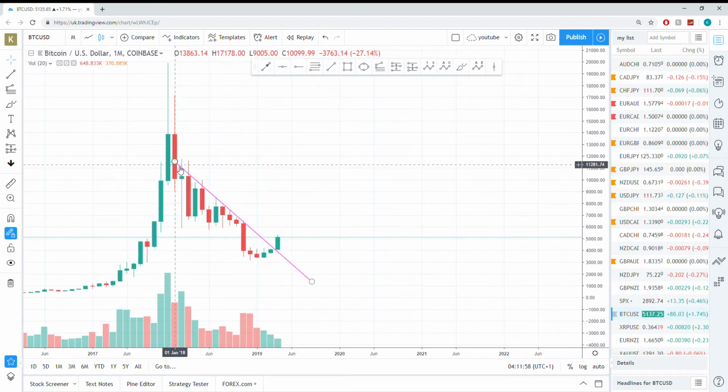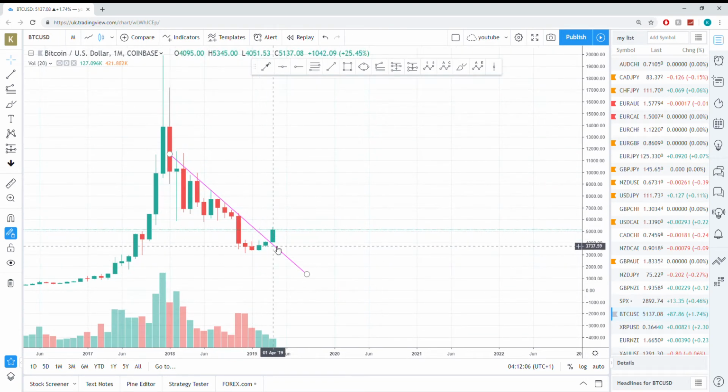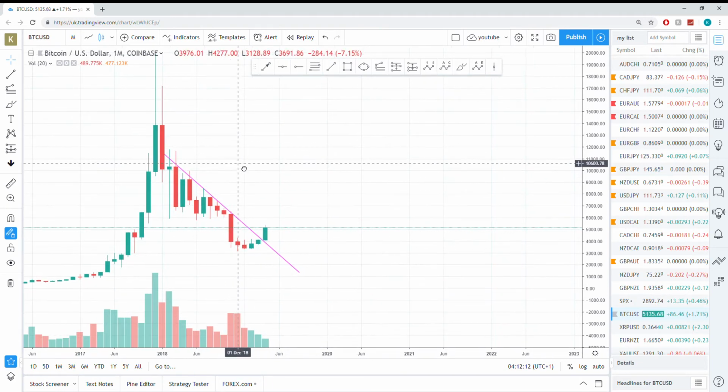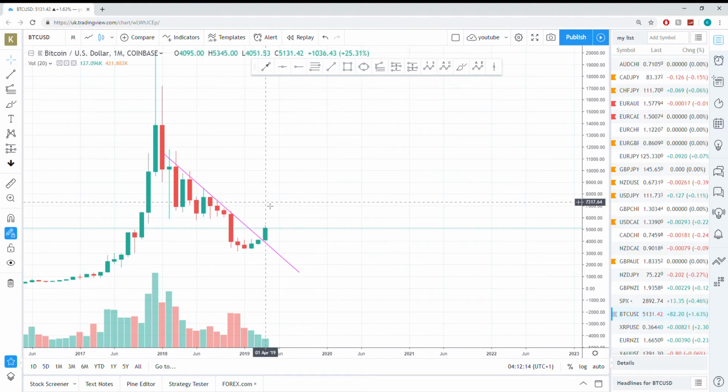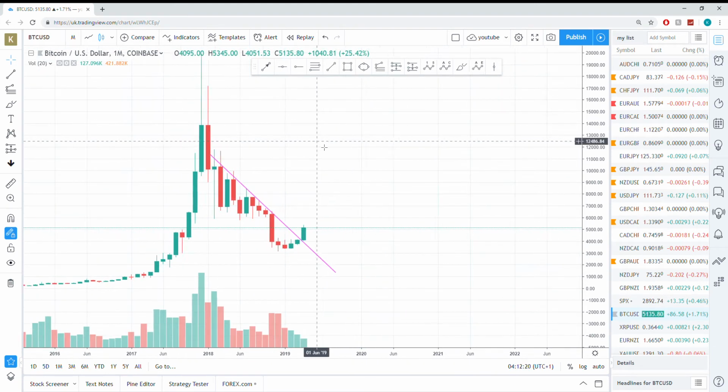We can see that price came all the way down, failed to even come past this at one point, but we have finally come past it as of April. And obviously the month is still not over, so we have to wait and see what happens, but hopefully it's all good from there.